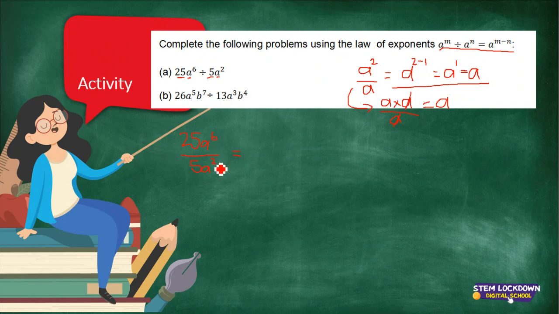I can only subtract the powers if the bases are the same. Learners, are the bases the same? Yes, the bases are the same. Our base in this case is a. You can see a in your denominator and your numerator. So what is 25 divided by 5? The answer is 5.